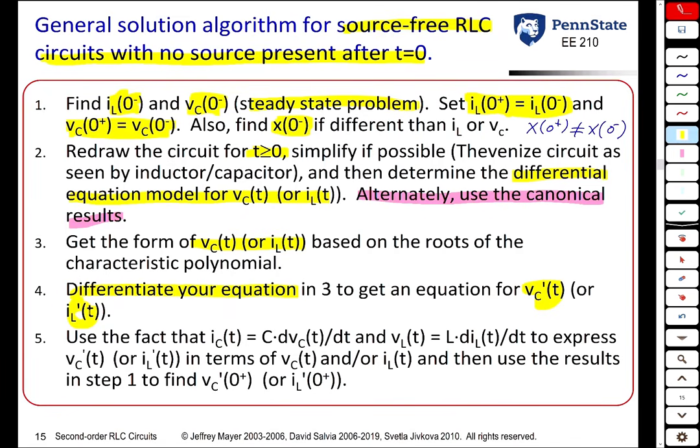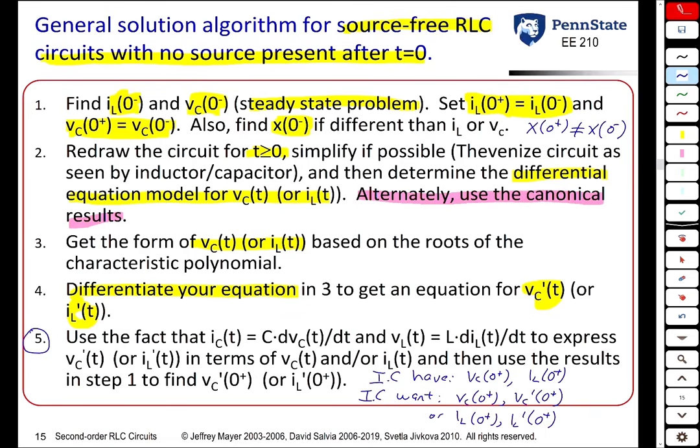What you want to do now is come up with a new initial condition. So the initial conditions that you have are VC of 0 plus and IL of 0 plus. The initial conditions that you want are VC of 0 plus and VC prime of 0 plus, or IL of 0 plus and IL prime of 0 plus.